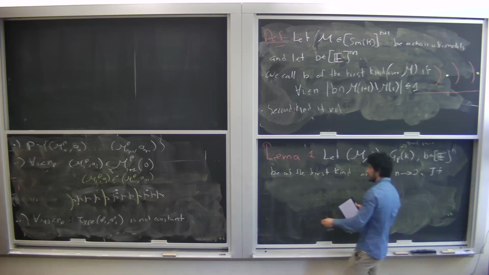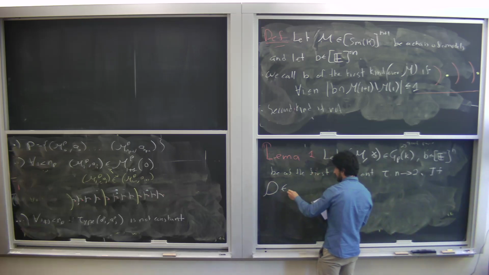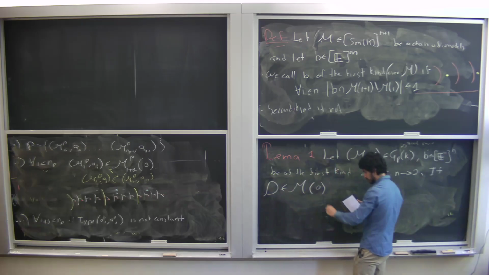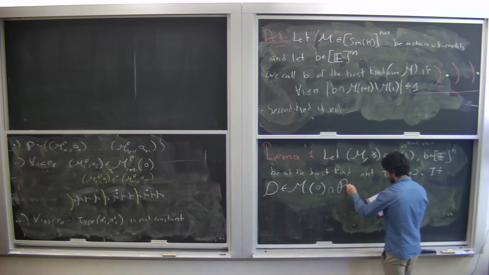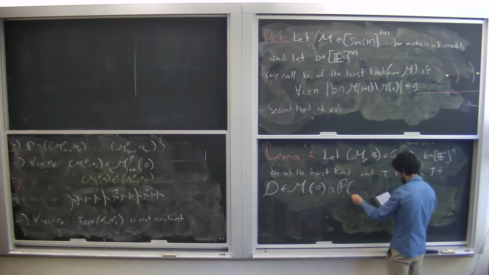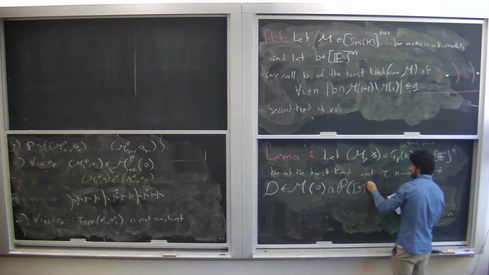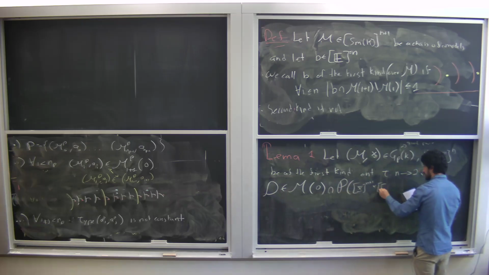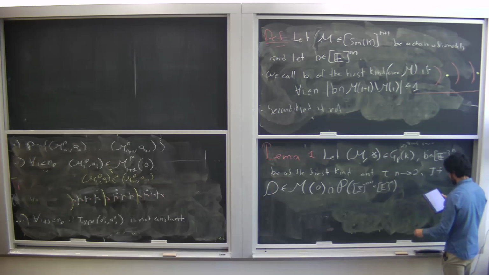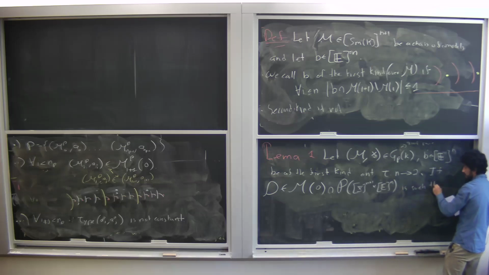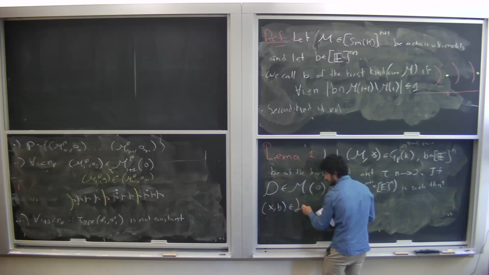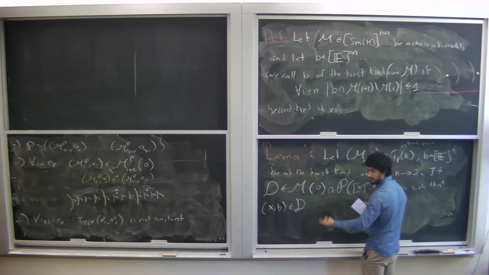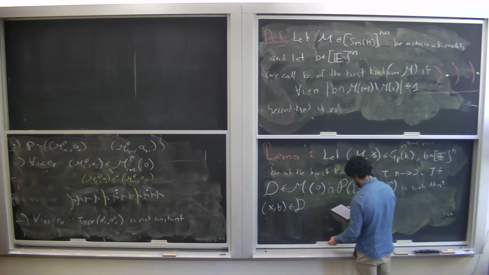So if I have an element D in the first model, which also turns out to be a subset of X^(n+1) times E^n, such that XB is in D, then I can reflect that thing in the following way.